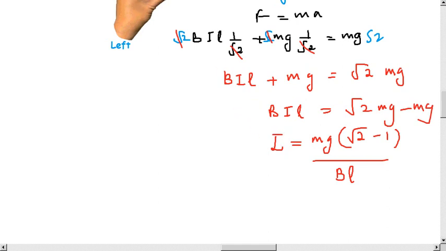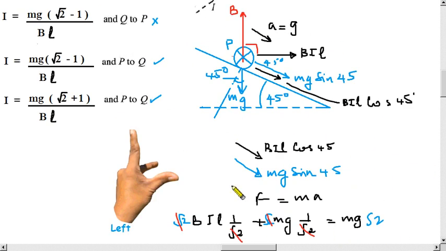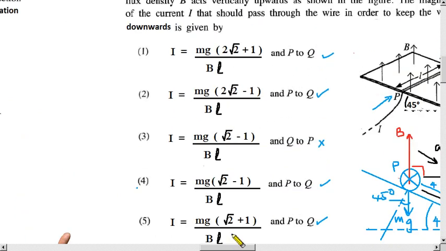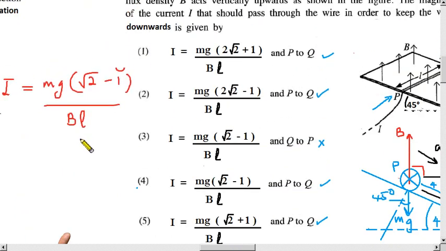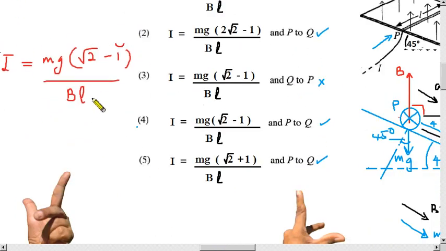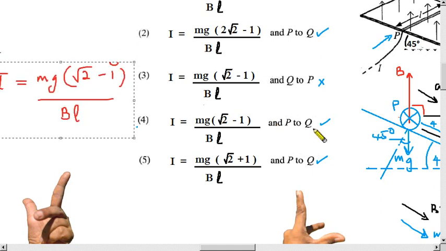So let us check what happened. Let's check with the answers. You have to select only from the answers having blue correct marks, because that is the direction.